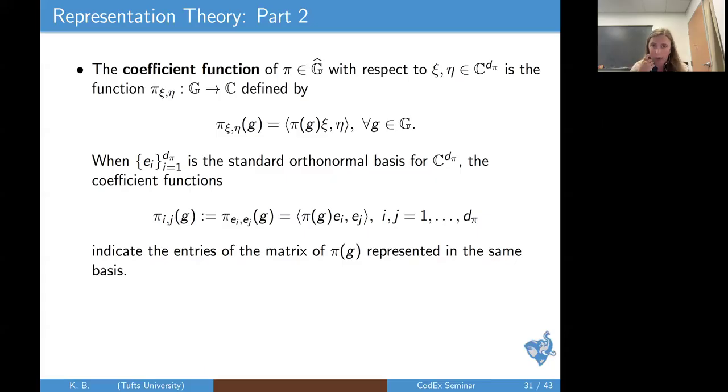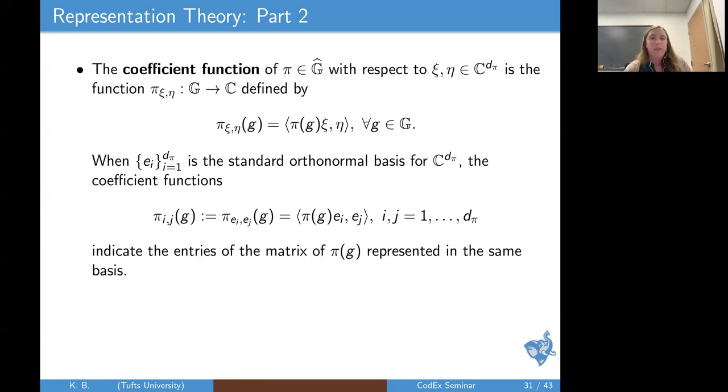Okay, and how do we get into frames and that thing that you saw before that was undefined, which is called a coefficient function? A coefficient function maps from our group into the complex numbers, and it takes our representation pi at G, applies it to a vector c, and then takes the inner product with eta.